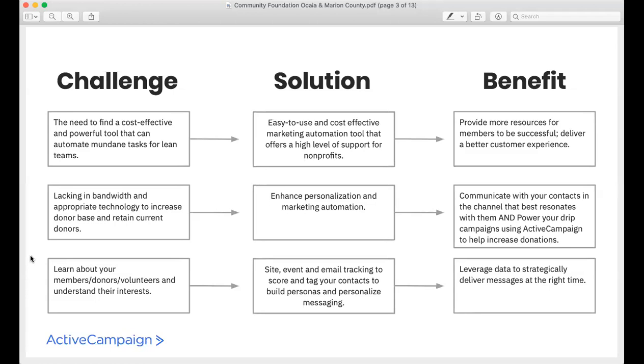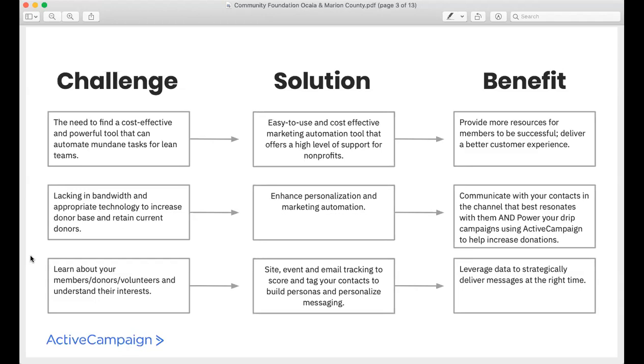And really the benefit here is that you can automate mundane tasks that you might be spending a lot of time doing, or maybe don't have time to do. A lot of nonprofits, I understand, have leaner teams. And so if there's any areas of the business that we can automate for you, I understand that is very, very helpful.